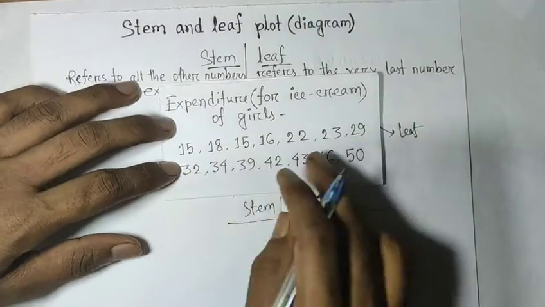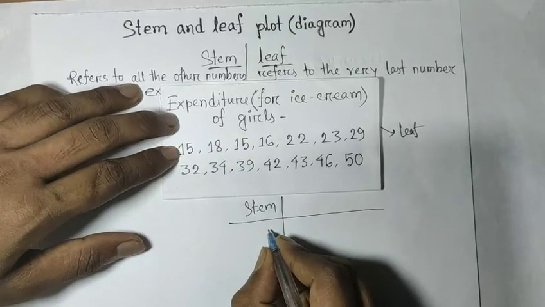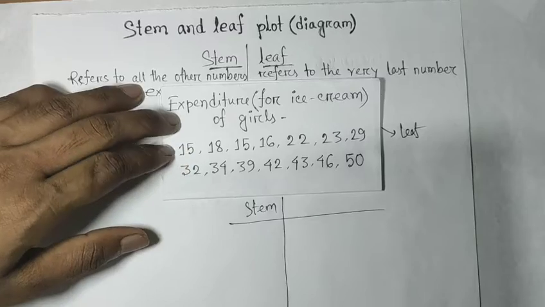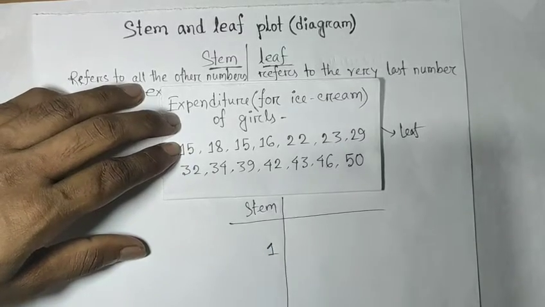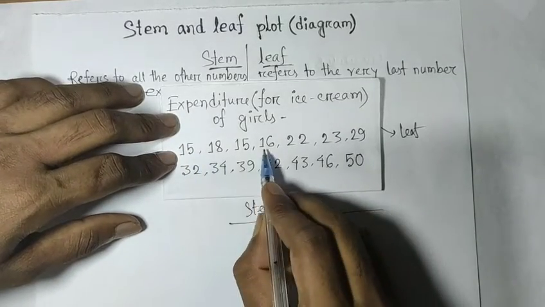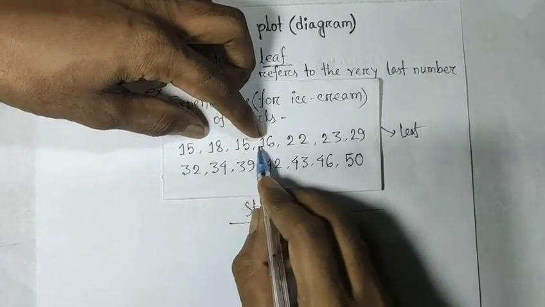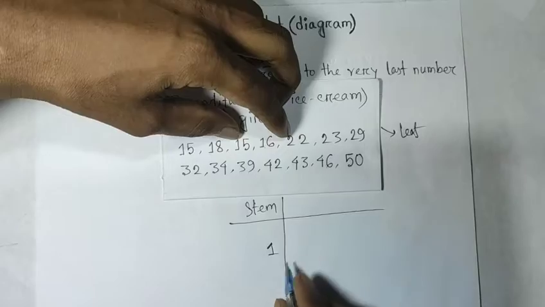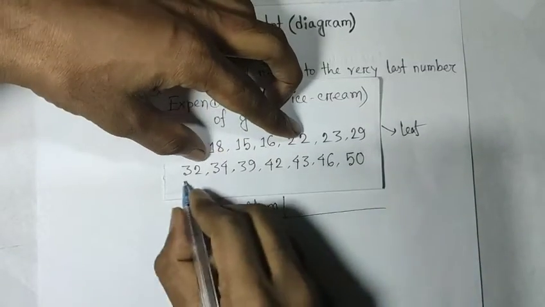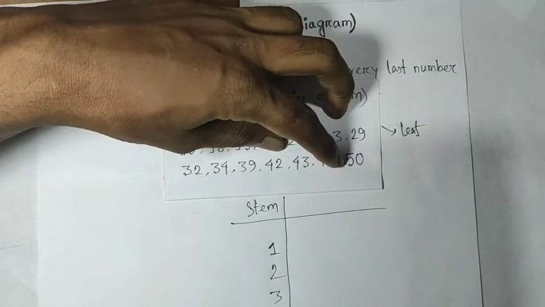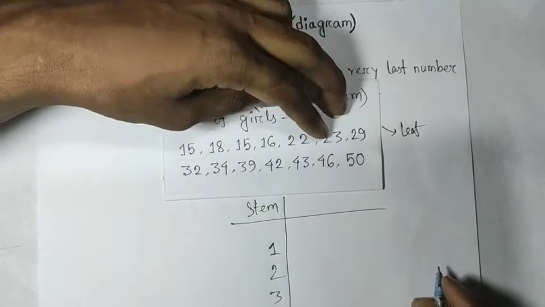So here for 15 the very last number is 5, so the 5 will be the leaf and 1 will be the stem. So here 1 is the stem, and we can see for these 4 values 1 is the stem, and the next is 2 is the stem, here 3 is the stem, 4 is the stem, and finally 5 is a stem.